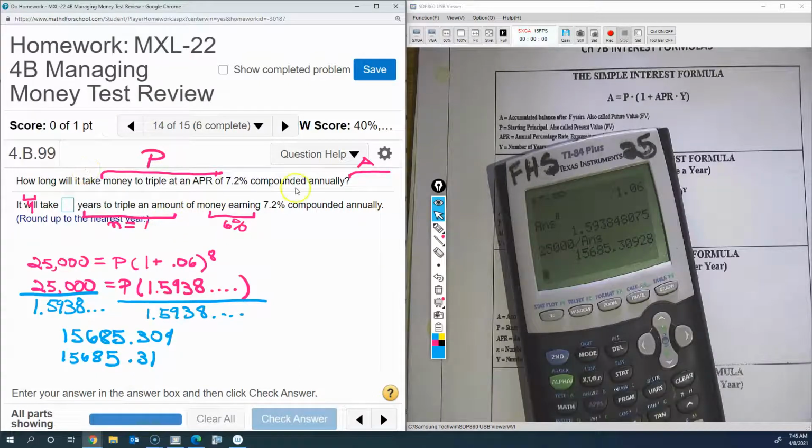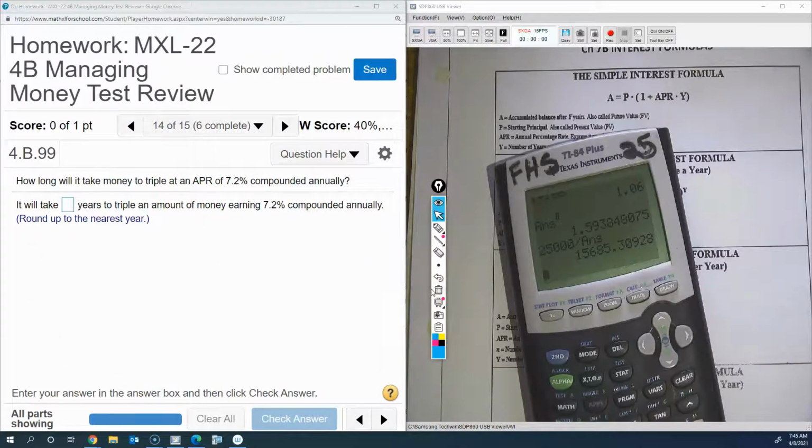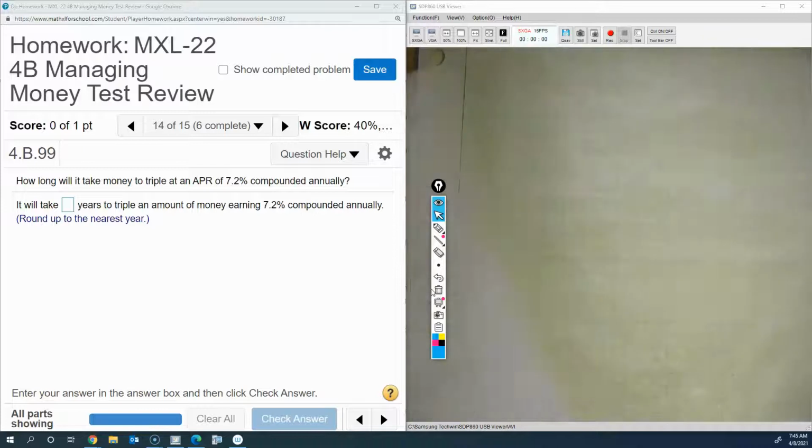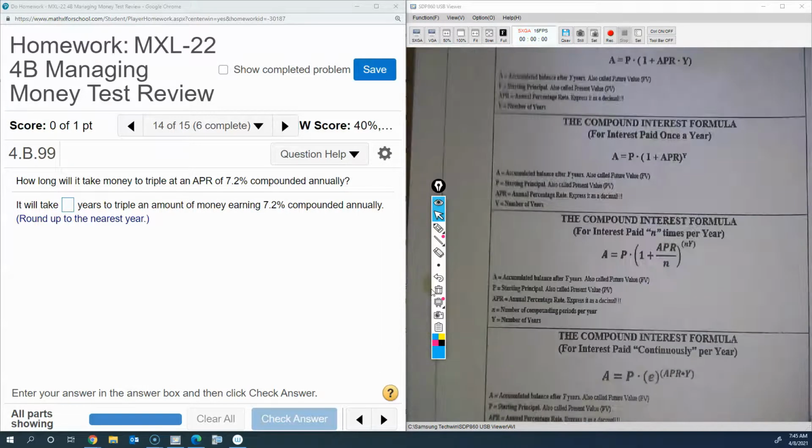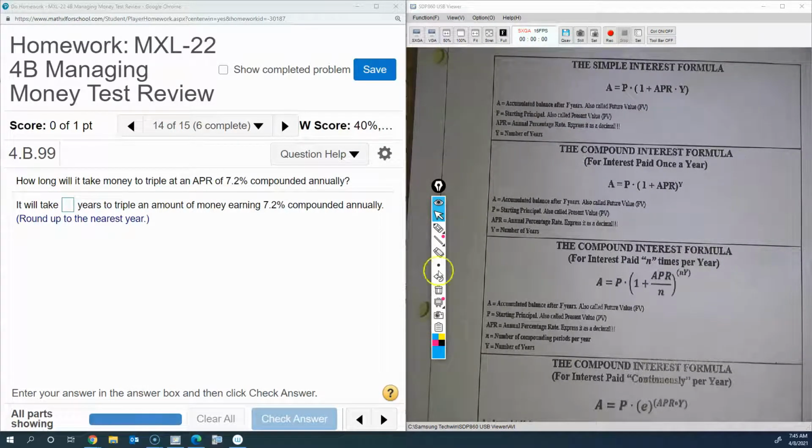All right, and now the last two are your log questions. So this last part is, how long will it take your money to triple? All right, so when I look at this, I want to know how long my money is going to take to triple.